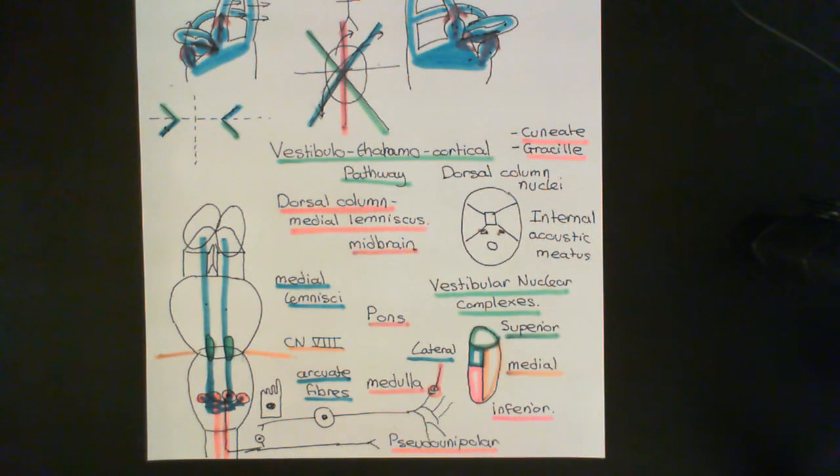So I want to tell you a little bit about the nuclei of the thalamus, because the thalami are divided into multiple different nuclei, and I'm about to tell you that the third order neurons of the dorsal column medial lemniscal pathway, or indeed of this vestibulo-thalamo-cortical pathway, are going to have their bodies in the ventrolateral thalamic nucleus and the ventral posterior thalamic nucleus.